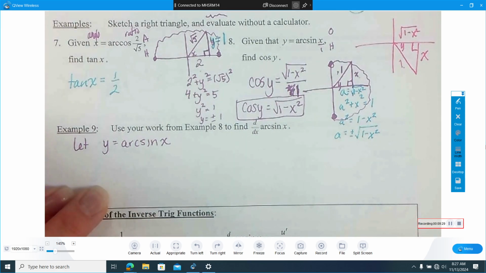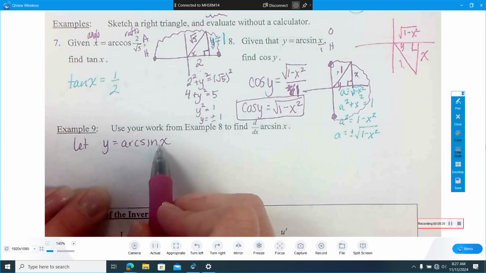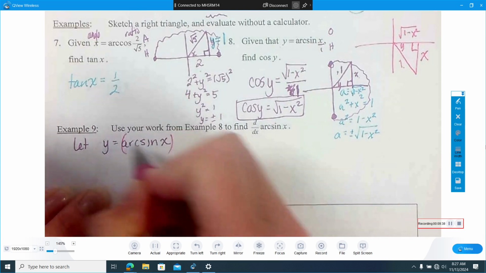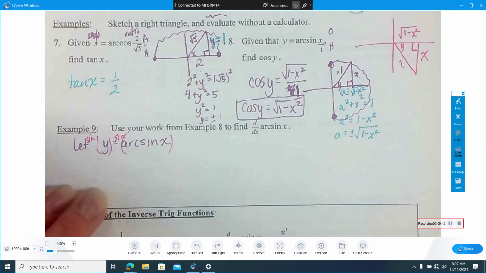And I'm going to take the sine ratio of both sides.